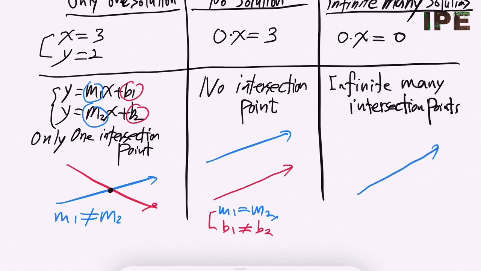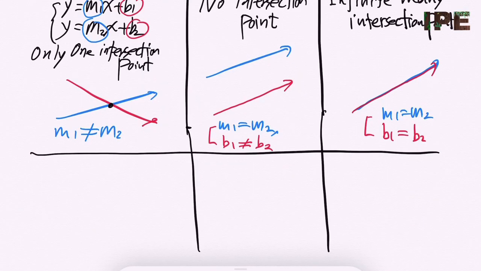Those two graphs are actually congruent. So they have the same slope and the same y-intercept. But in the real SAT test, mx plus b form is not given much.